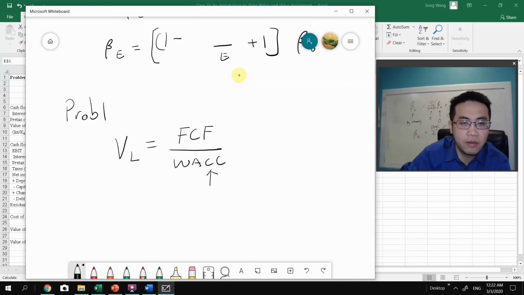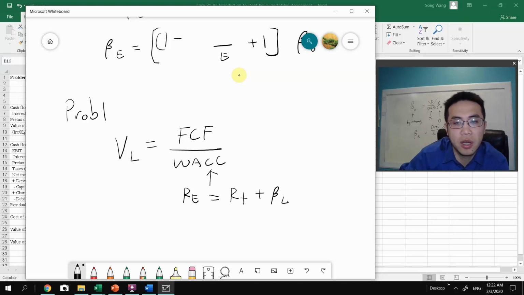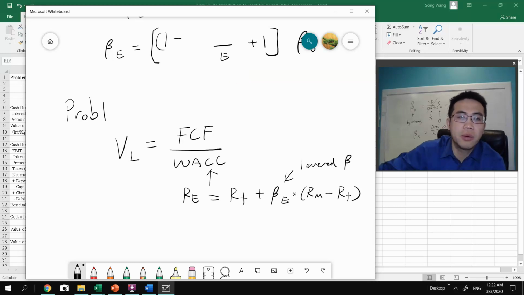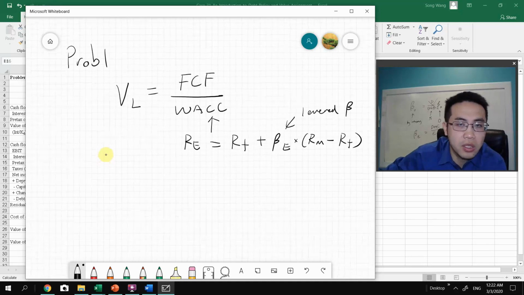You have a weight of debt, weight of equity, and in particular you have this cost of equity, RE, and this comes from the CAPM analysis with beta E times RM minus RF. This is the levered beta we need to calculate. And in problem set 1, that's what we did.